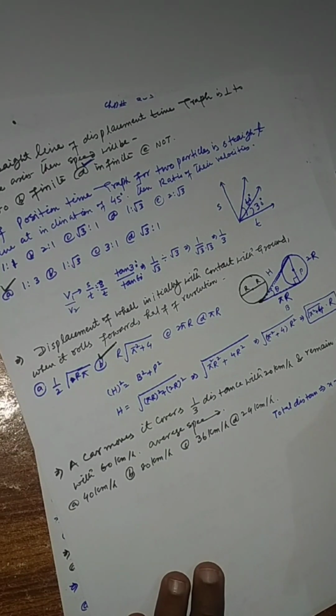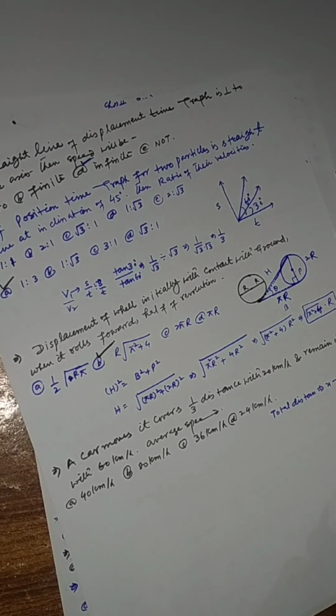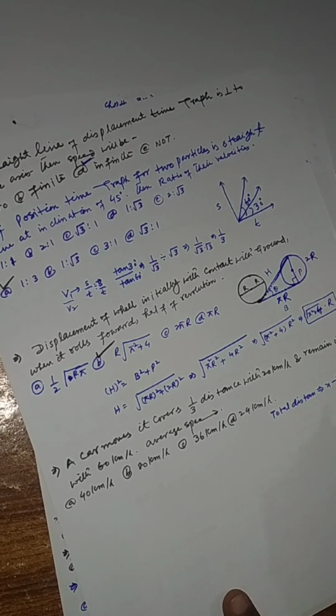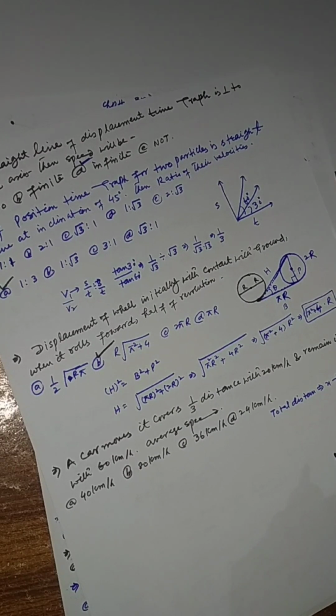This will be 3x minus x, so this will be 2x over 3. Remaining distance will be 2x over 3, or we say 2 over 3 if we take x as 1.